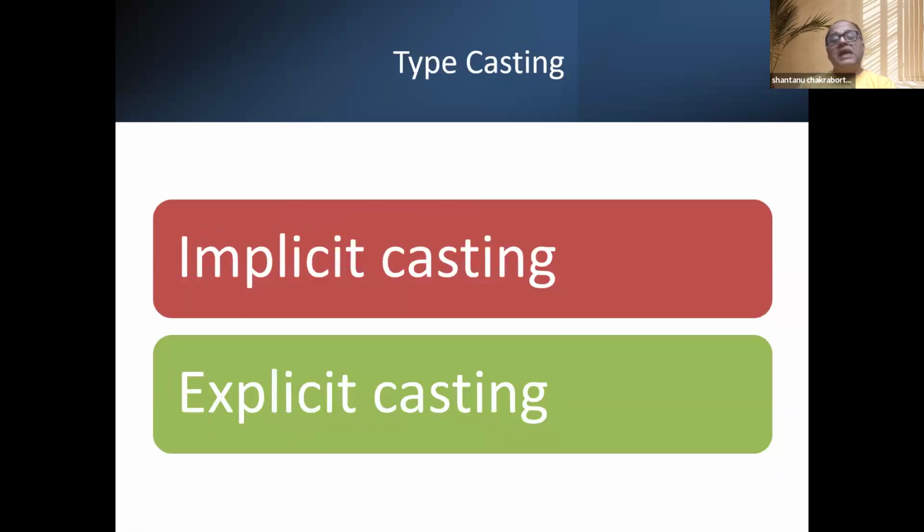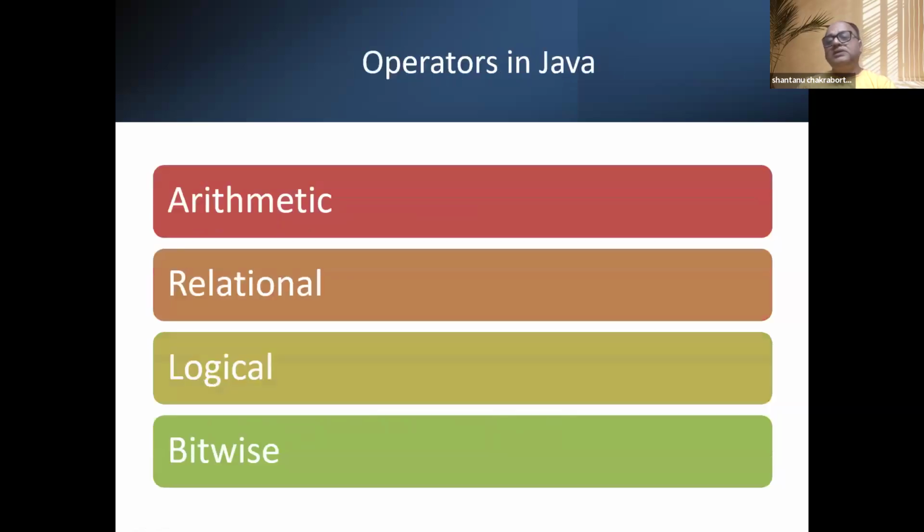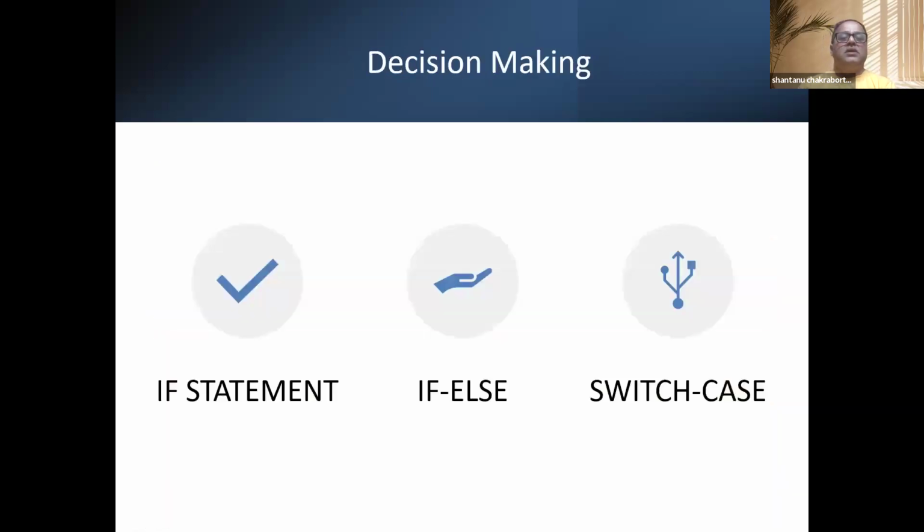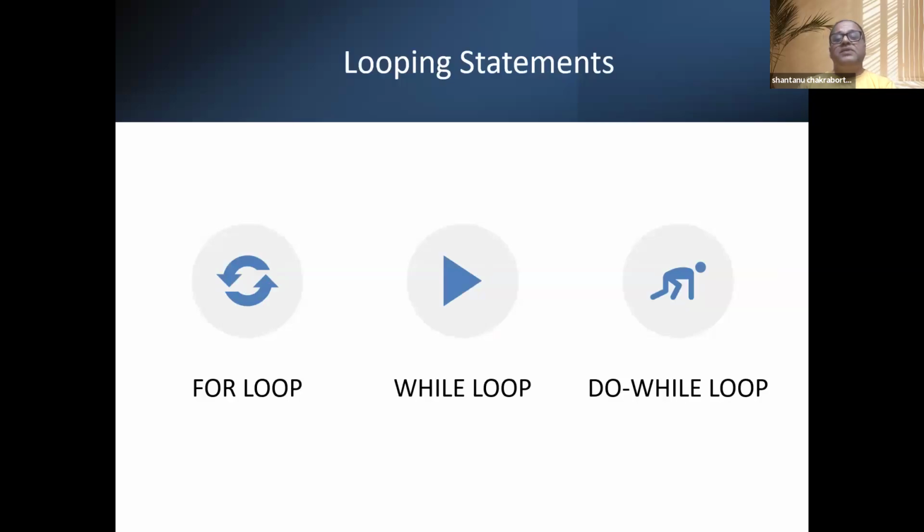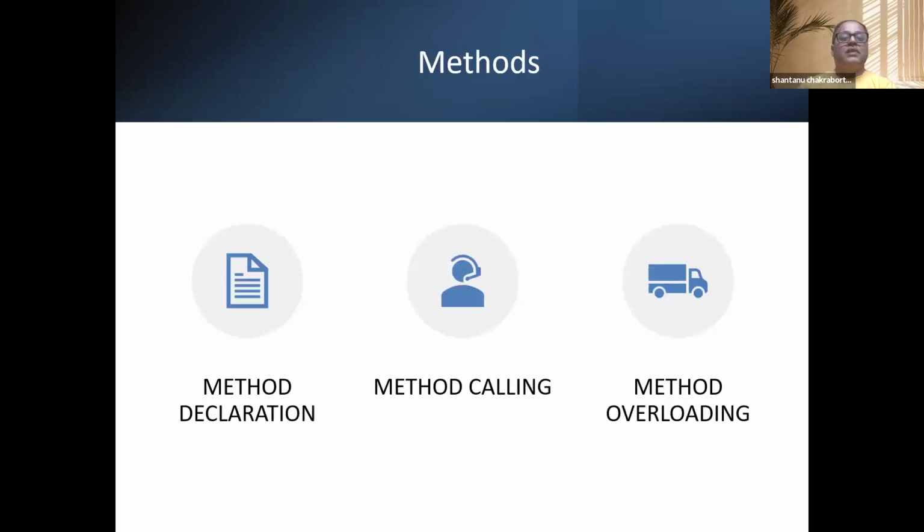Then we did implicit and explicit typecasting in Java. Operators we have seen in the programs that we have used: arithmetic operator, relational, logical, and bitwise. We have decision-making statements, if else, and switch case statement, followed by the looping statements for, while and do while.